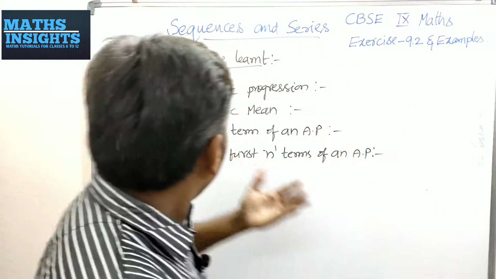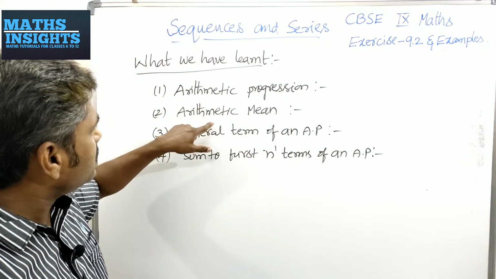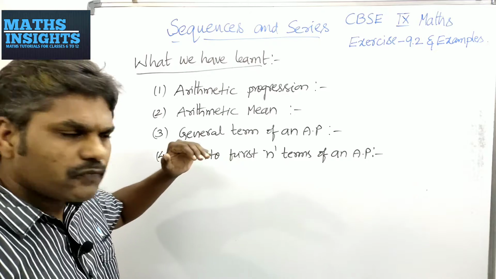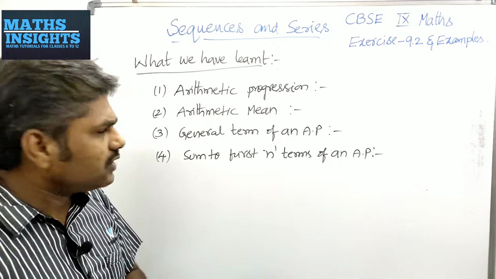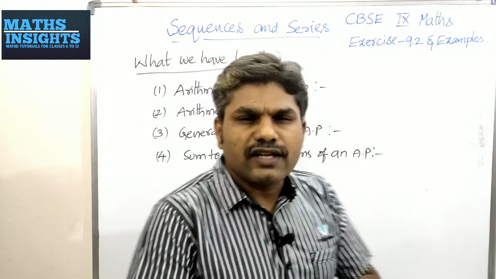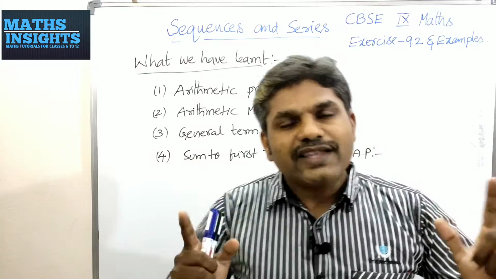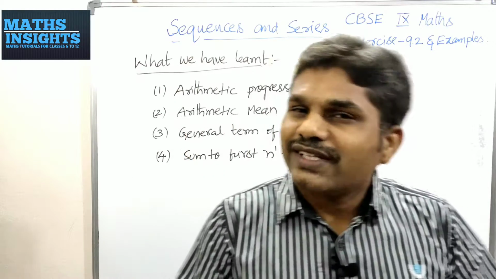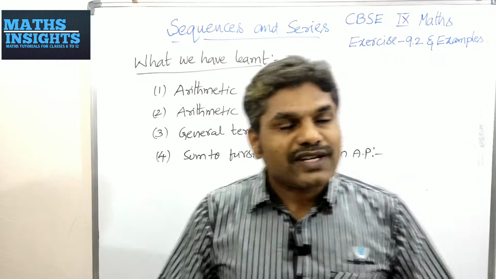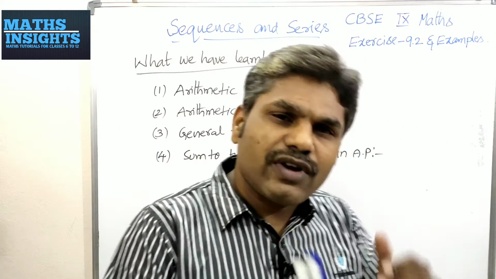Now we are going to briefly discuss what is meant by arithmetic progression, arithmetic mean, the general term of an arithmetic progression, and how to find the first n terms of an arithmetic progression. These are very easy. I will make this chapter, sequences and series, very easy. Follow me.